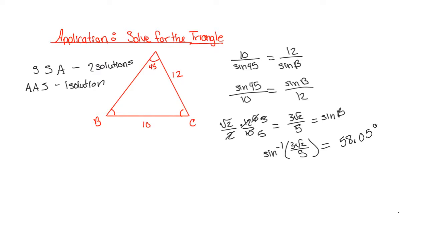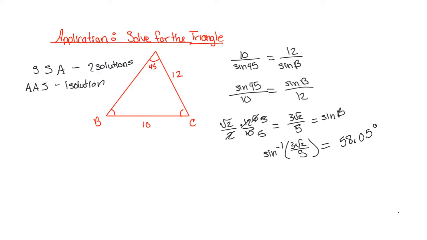So this would be the solution that is an acute angle. We should also have for B an obtuse angle. So how we find that is by doing 180 minus the angle just found. And so that would give us an angle between 180 and 90, which is an obtuse angle.